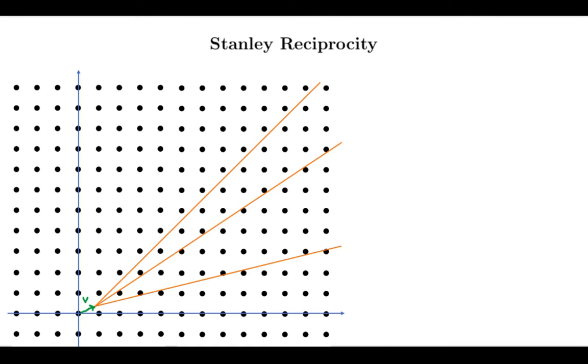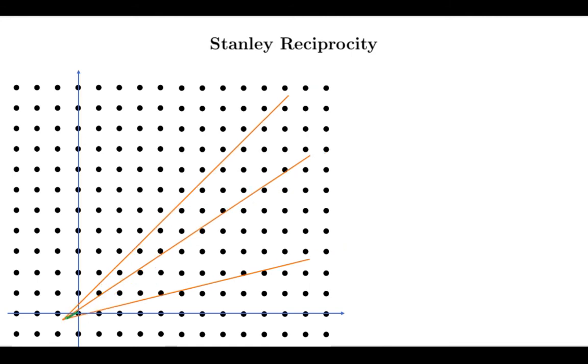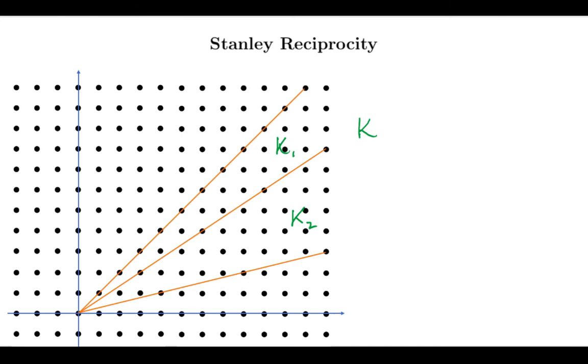And I claim if you do that, now here is negative v, we will again have no integer points on any hyperplane bounding any of my cones. But now the integer point transform of the big cone, I claim, is equal to the integer point transform of the original cone. Let me convince you at least in this picture again. So here is the cone shifted by negative v, and here was the original cone.